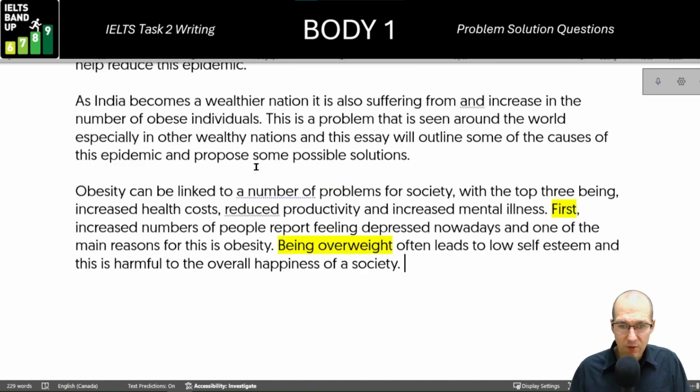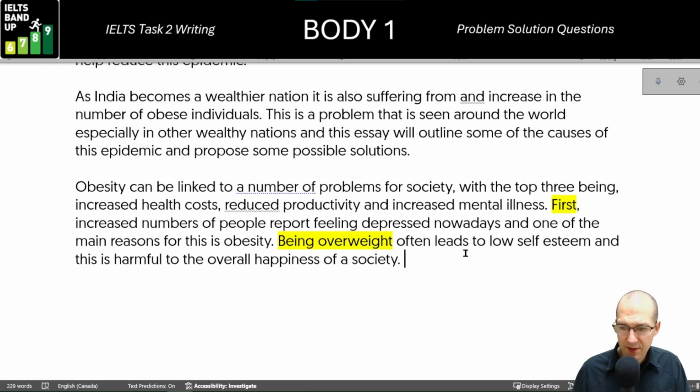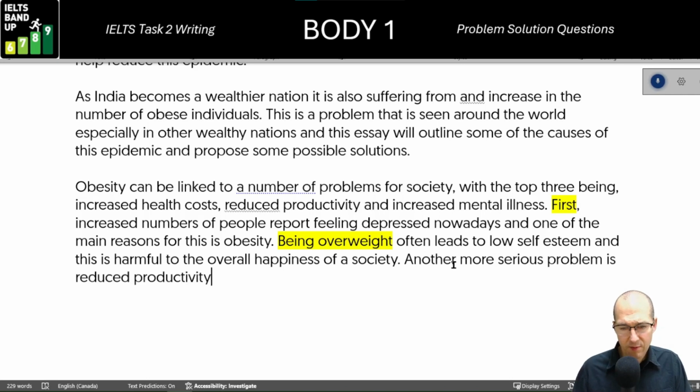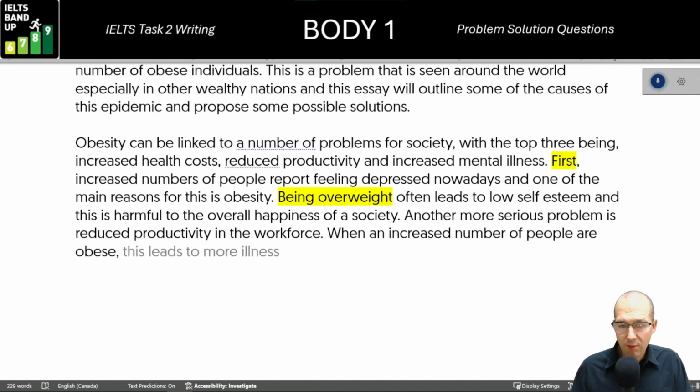Right, now we move on to our second point, which is here, reduced economic productivity. Now this one could be a little longer. Another more serious problem is reduced productivity in the workforce. Period. When an increased number of people are obese, comma, this leads to more illness, which means more people need to take time from work.